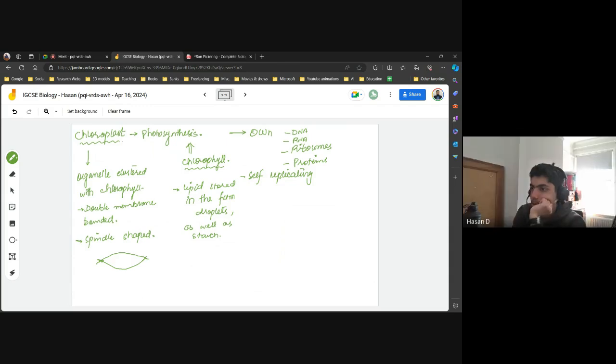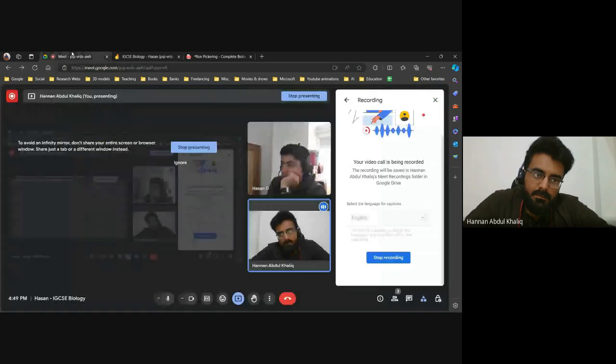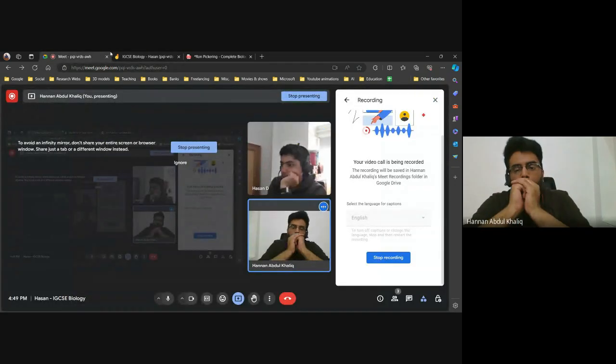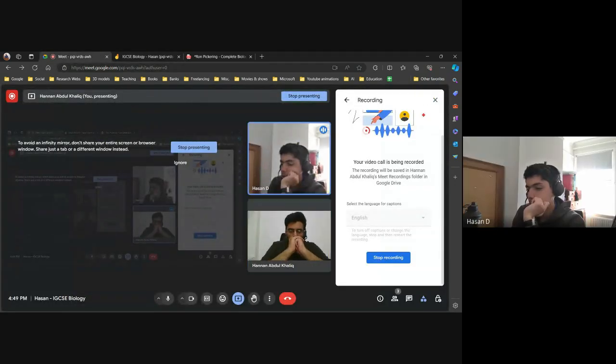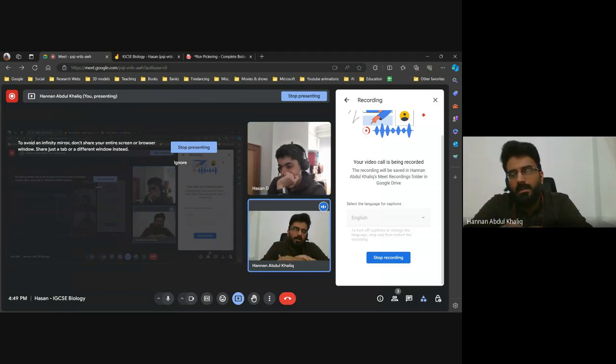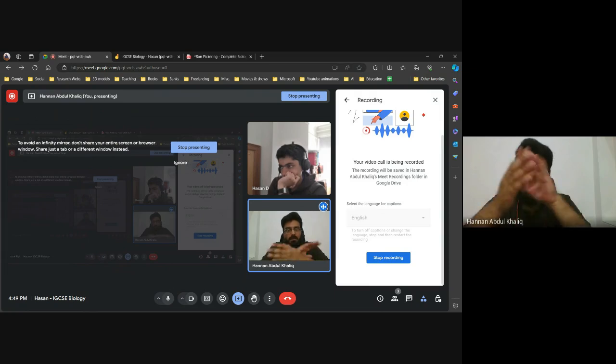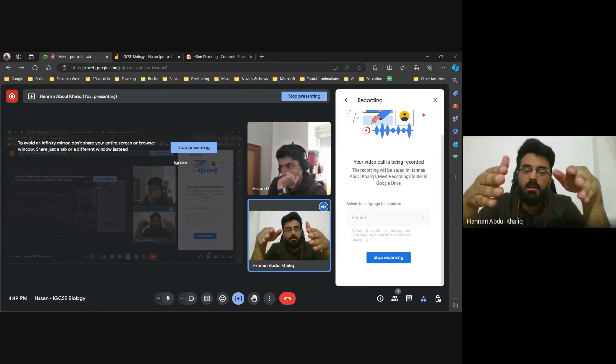Any other similarity? The shape, maybe. What about the membrane structure? Membrane is double in both of them. I told you a few minutes ago that there are double membranes around the mitochondria and chloroplast, even the nucleus.